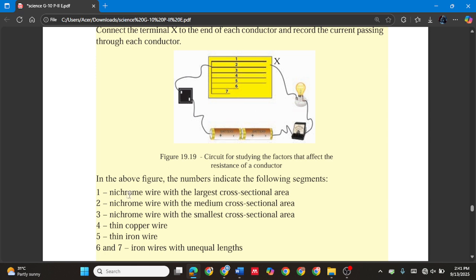The first wire is nichrome wire with the largest cross-sectional area. Second one is nichrome wire with the medium cross-sectional area. Third one is nichrome wire with the smallest cross-sectional area. Fourth one is a different thin copper wire. And fifth one is thin iron wire.